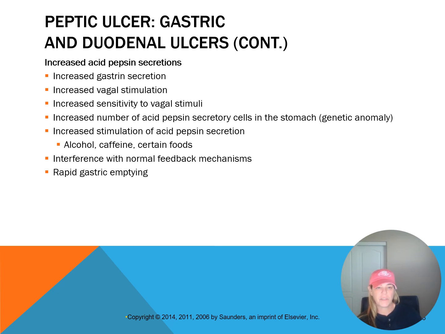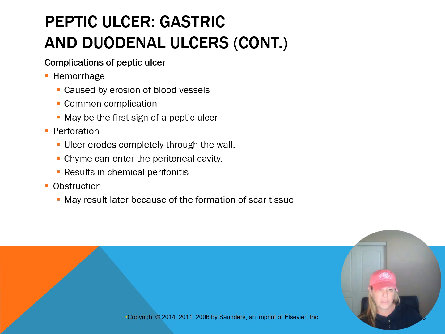So increased pepsin secretion. What happens when you have gastric and duodenal ulcers? You also have rapid gastric emptying, which means that things move through your system very quickly and then don't get absorbed.